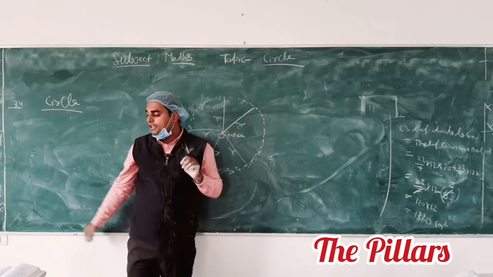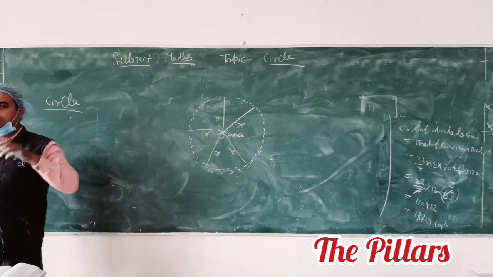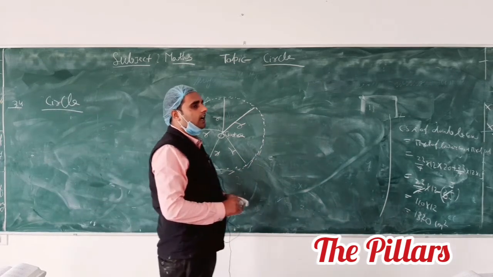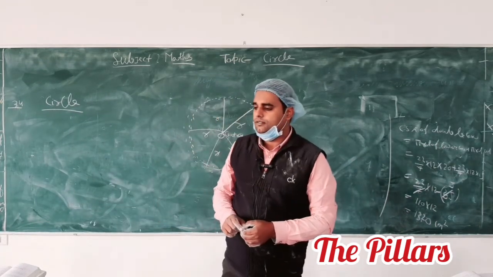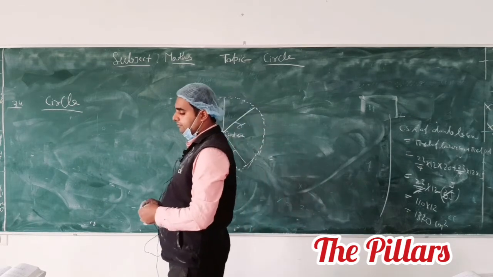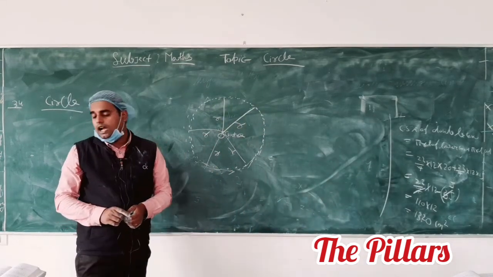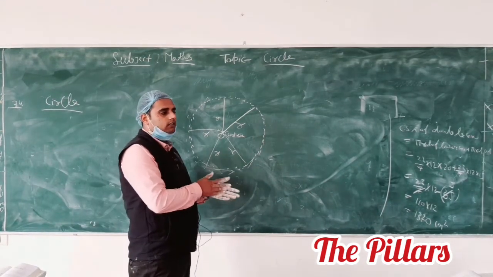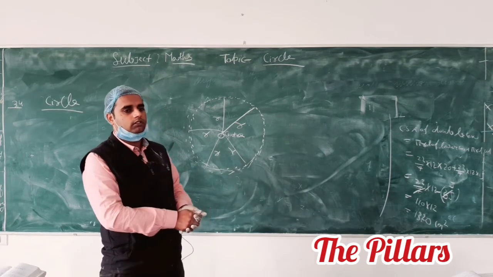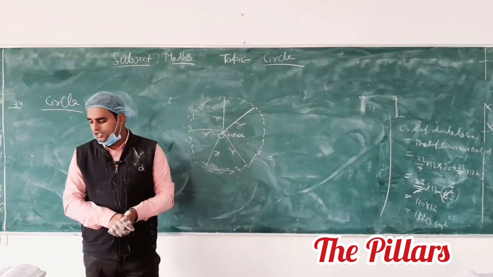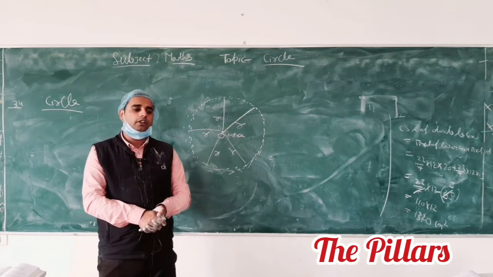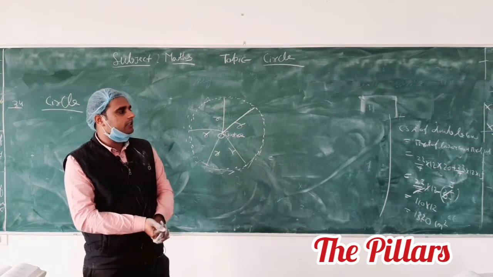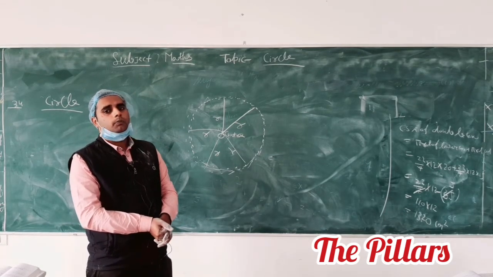Write down. A circle is a collection of all points in a plane which are at a constant distance from a fixed point.